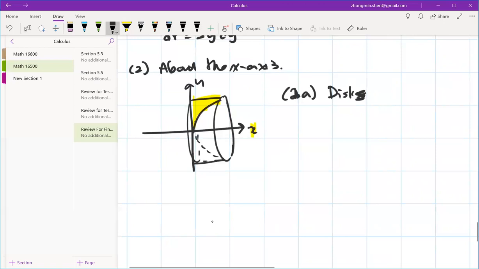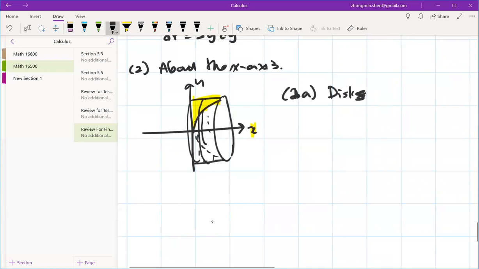Yeah, can you set up an integral using disks? So to use disks, you have to cut it in that way, right?